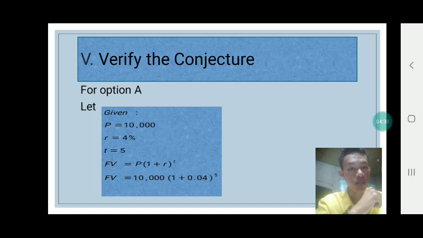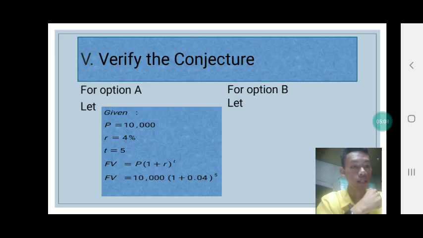Then substitute the given into the formula, which is the present value 10,000 multiplied by 1 plus 0.04 raised to 5. So where do we get 0.04? We convert our rate into a decimal by dividing 4% by 100, and we get 0.04.